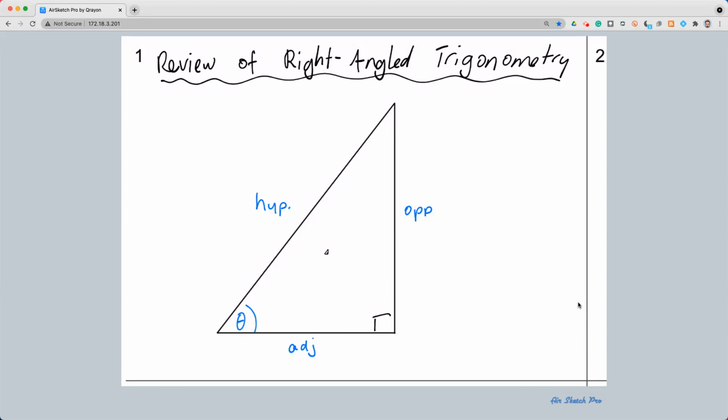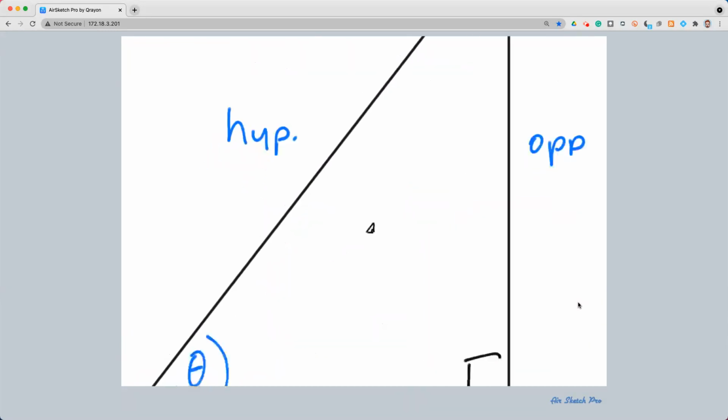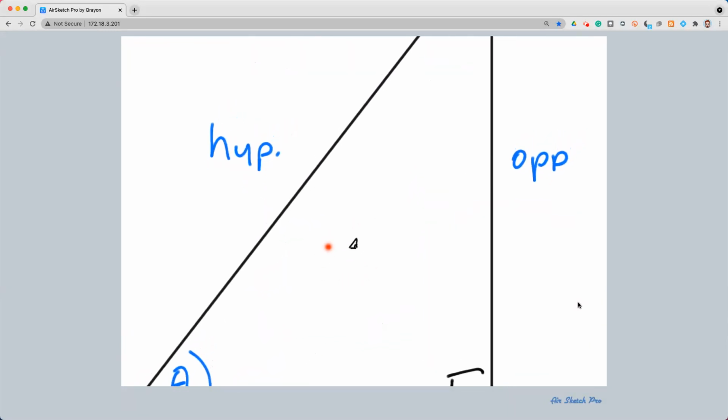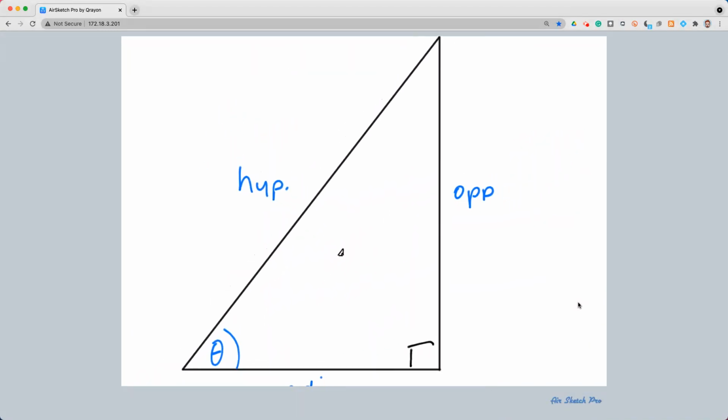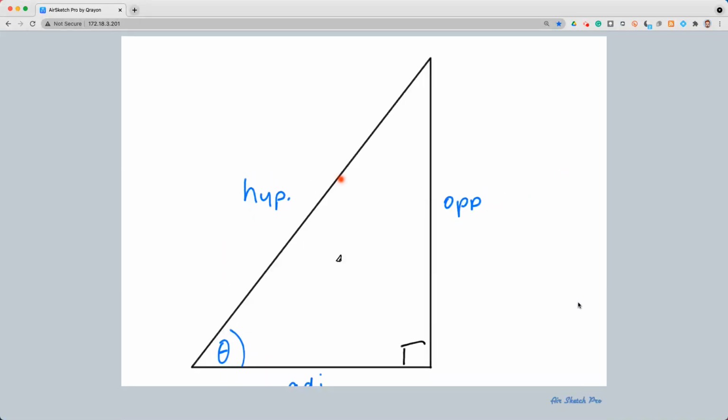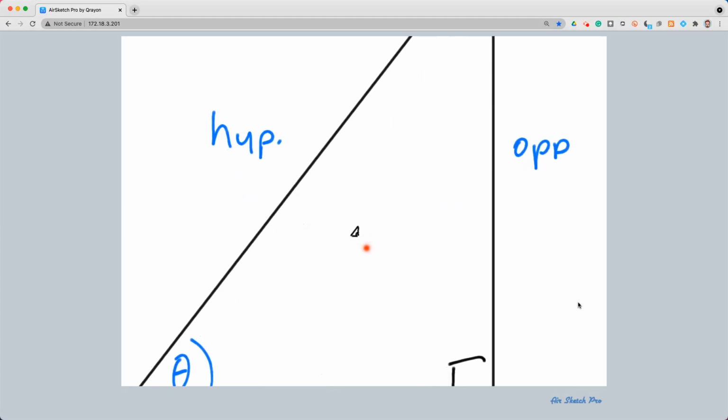And what some clever ancient Greeks worked out in the past, might have even been earlier than that, I'm not too sure, is that when you draw a right angle triangle like this, so that there's an angle theta here, then whether the triangle is this size or this size, when we compare two of the side lengths and divide one by the other, we always get the same value. I haven't drawn it very big, sorry, but here we go.